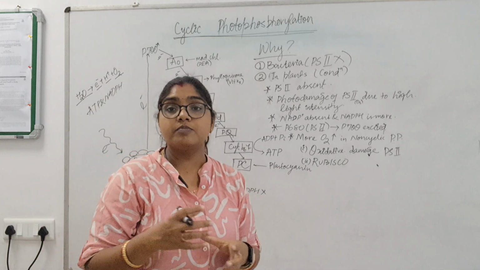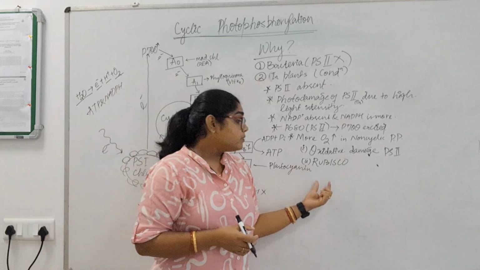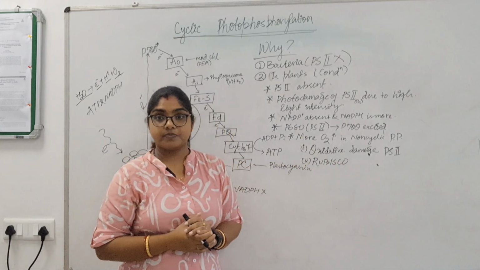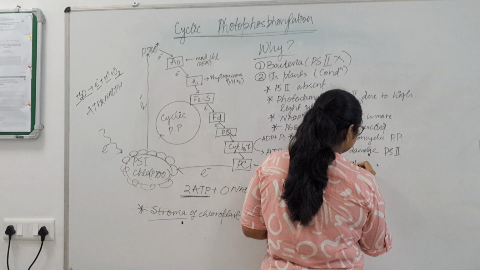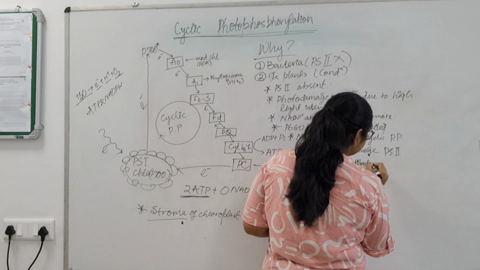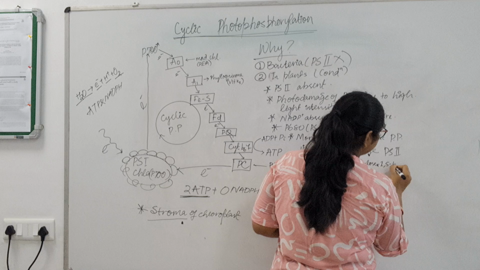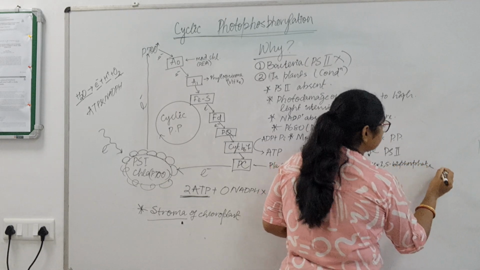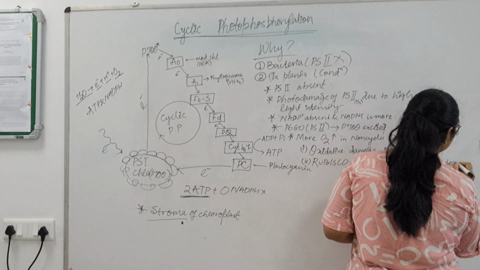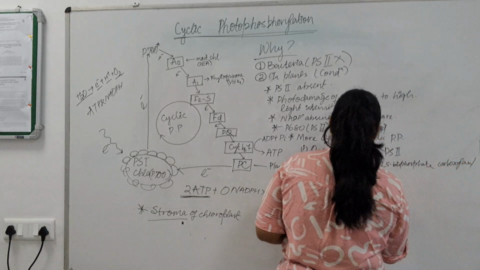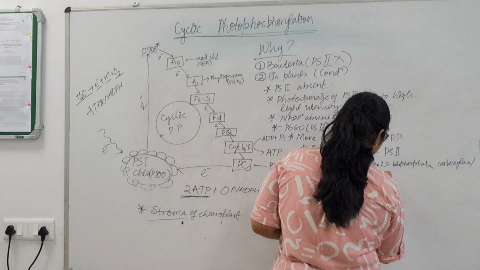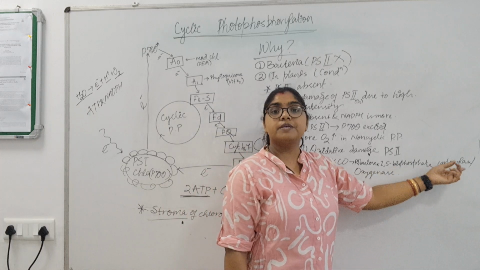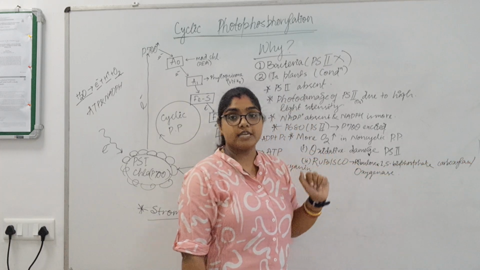The full name of this Rubisco enzyme is ribulose 1,5-bisphosphate carboxylase or oxygenase.